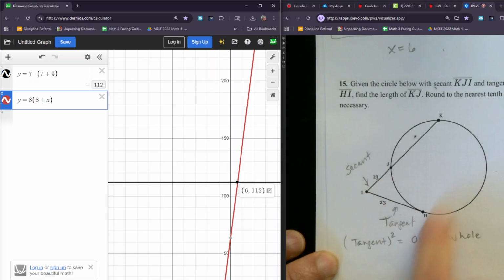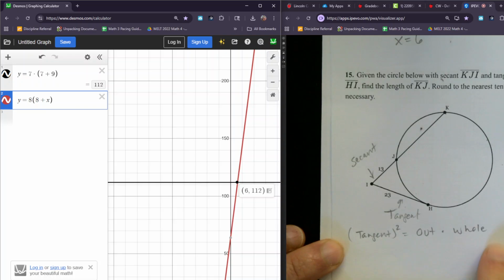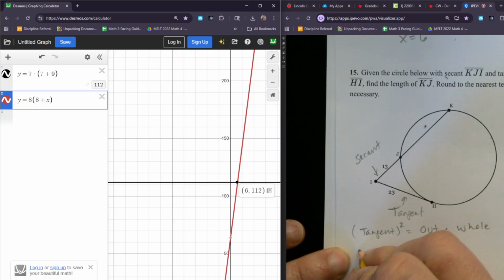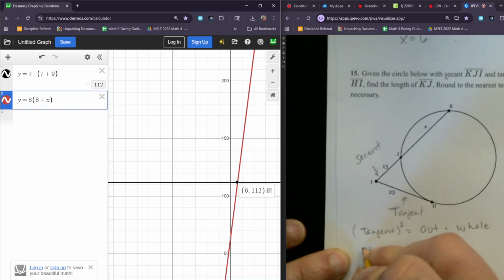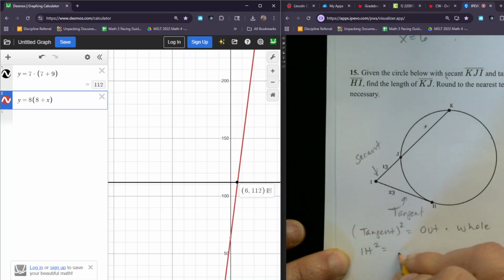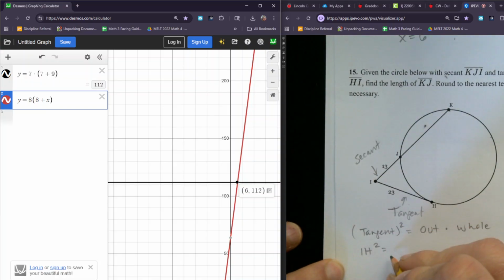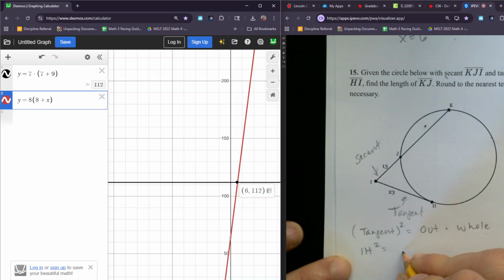Because you got a secant on this side. Okay, so now if you do that, that's IH squared equals IJ times.